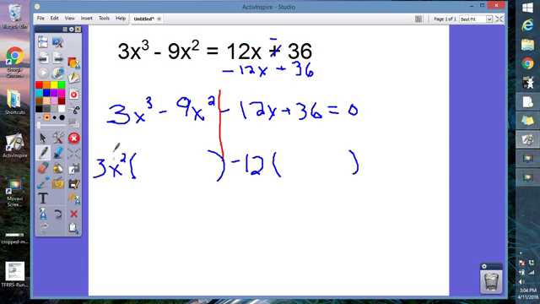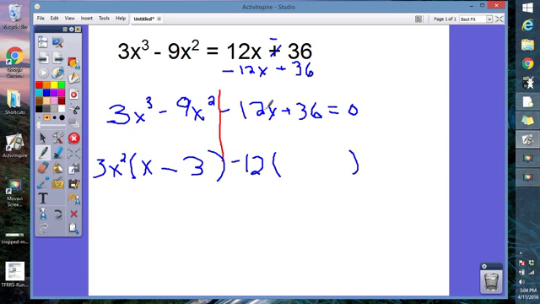When you're factoring out, it's the same as dividing. 3x to the third divided by 3x to the second power is just x. And then a negative 9x to the second divided by 3x to the second is a negative 3.